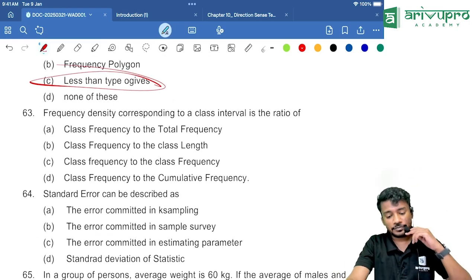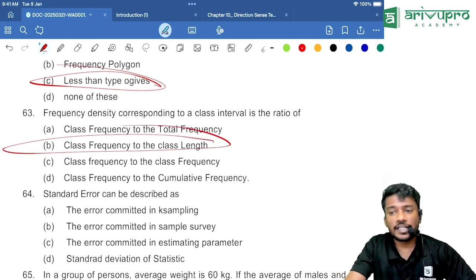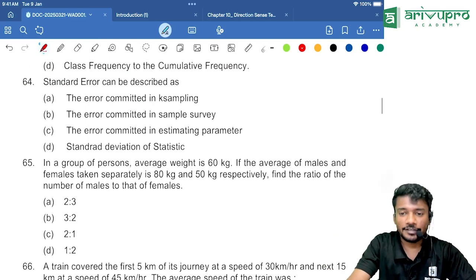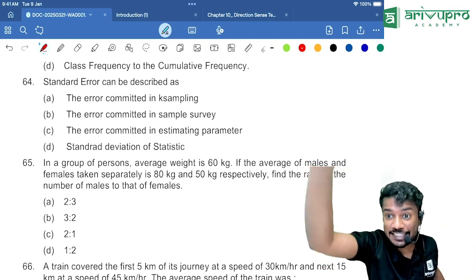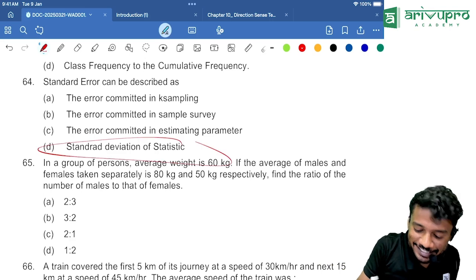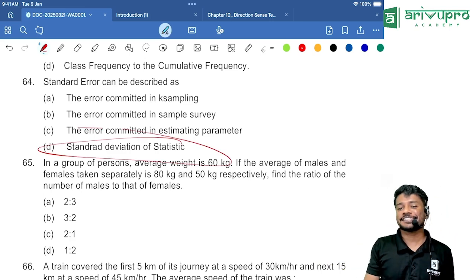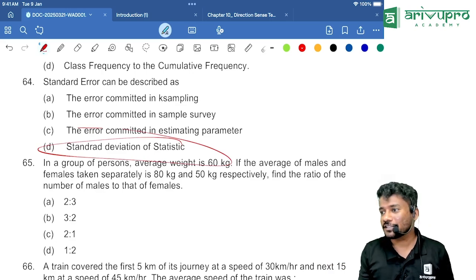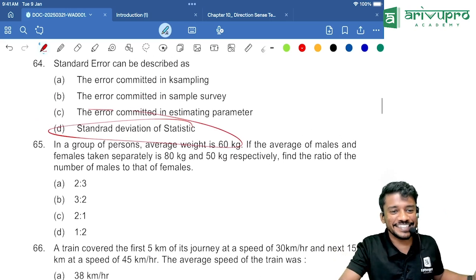What is the answer? Do you remember one thing I told you? If you see statistic in the option, the answer is whatever has statistic: standard deviation of statistics. That is the answer.